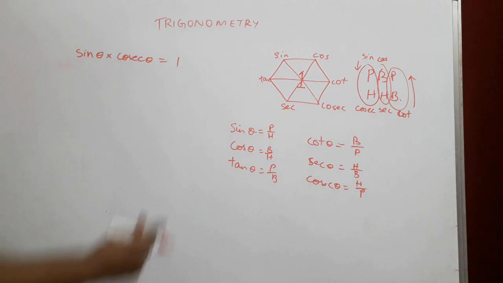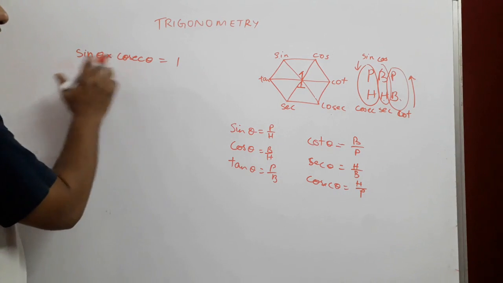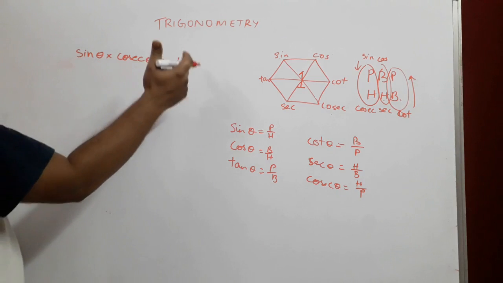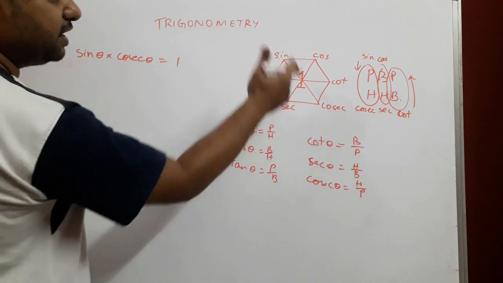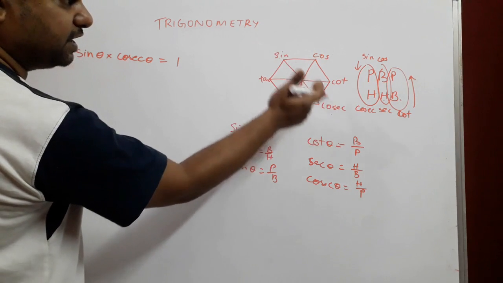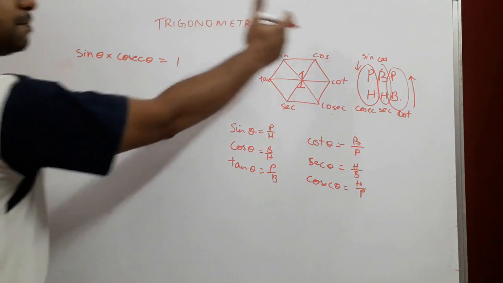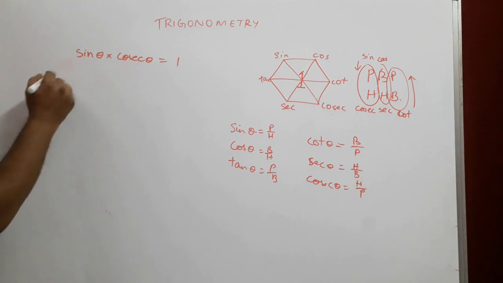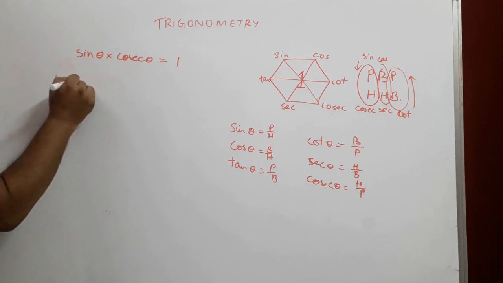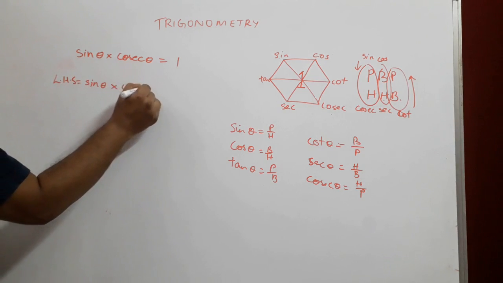Now let's use these values to find out whether sine theta into cosec theta is really equal to 1. Then the way we have found it out will apply for the rest. So let us check the left hand side. The left hand side says sine theta into cosec theta.